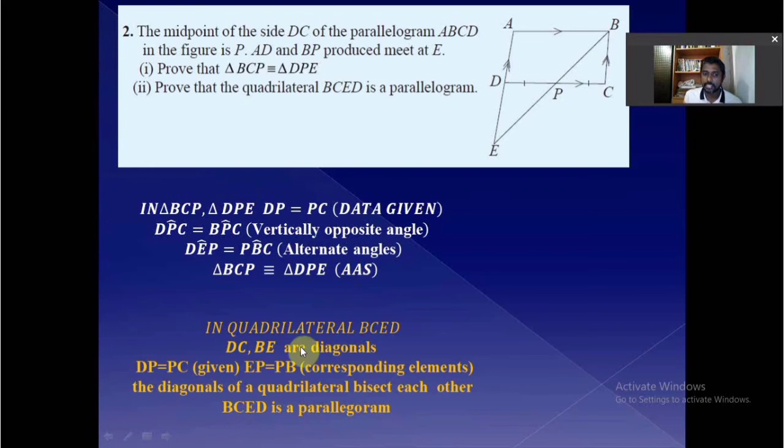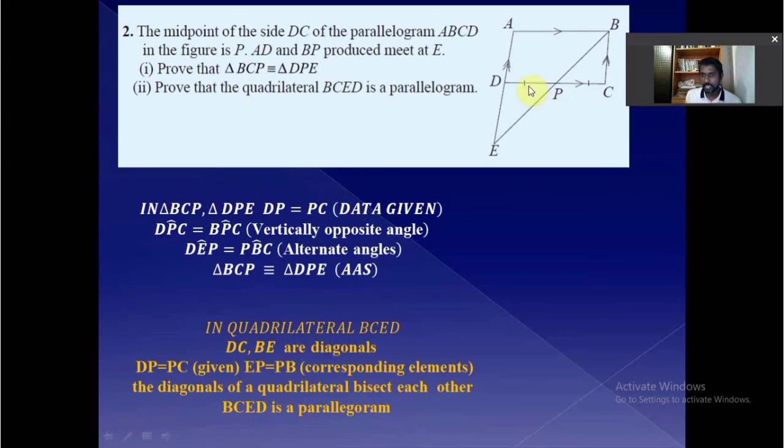At the same time, we are going to apply the other theorem. In this quadrilateral, you want to prove that BCED is a parallelogram. How can we prove that?